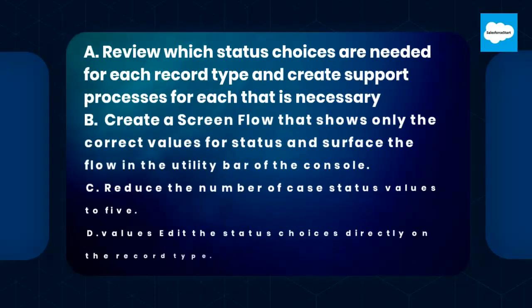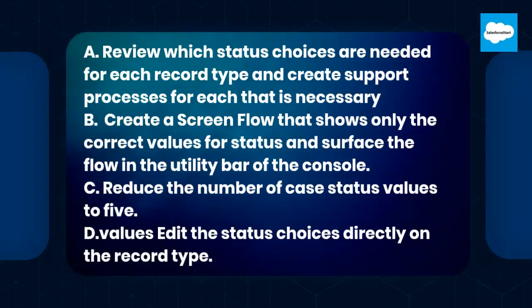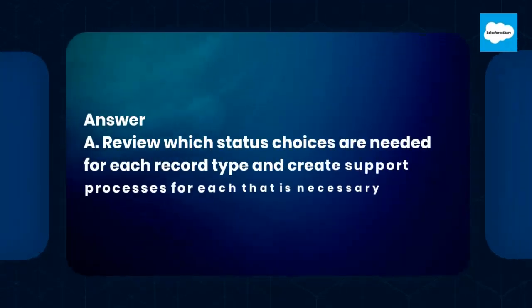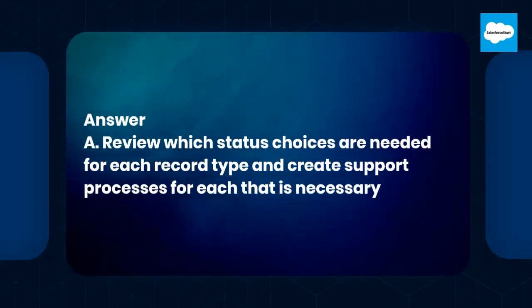A. Review which status choices are needed for each record type and create support processes for each that is necessary. B. Create a screen flow that shows only the correct values for status and surface the flow in the utility bar of the console. C. Reduce the number of case status values to 5. D. Edit the status values directly on the record type. Answer A. Review which status choices are needed for each record type and create support processes for each that is necessary.